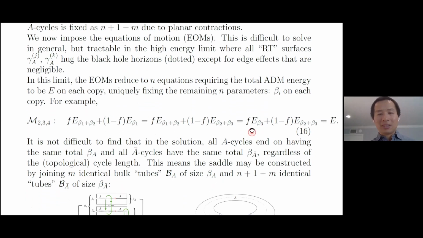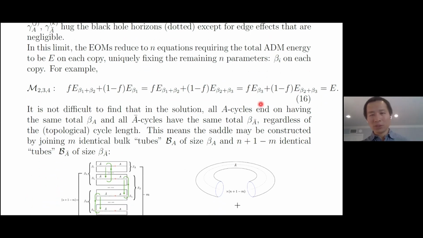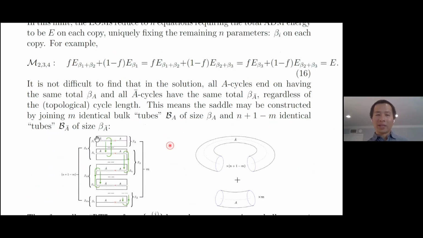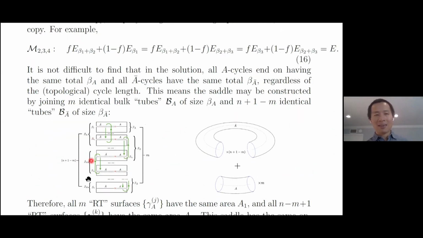And the feature of this solution is that all the A cycles have the same beta A, and all the A bar cycles have the same beta A bar, regardless of their cycle length, regardless of whether they're glued to each other or glued to themselves.